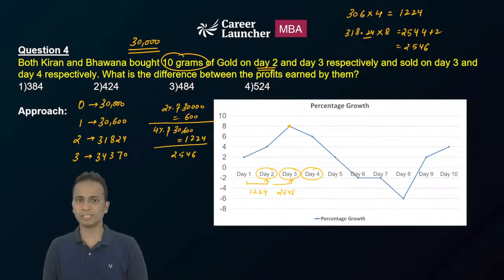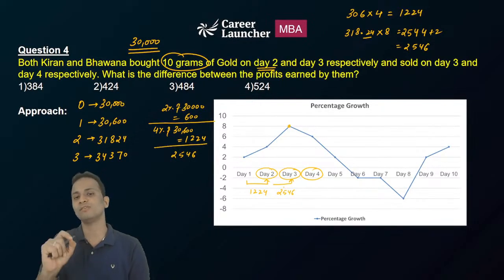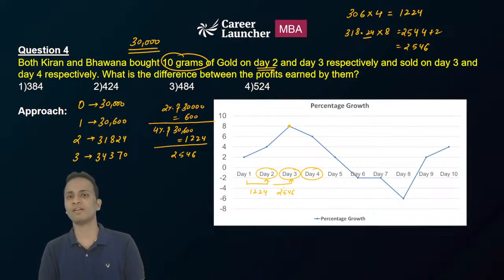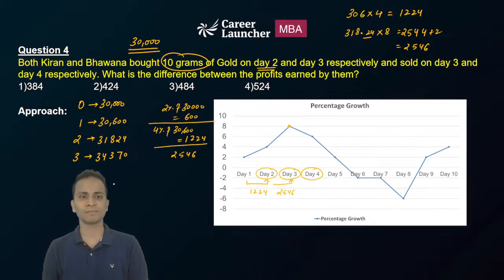Okay, right? So I can say that Kiran must have incurred a profit of 2,546, right? 2,546. Done. Now finally the price on day 4. So day 4 the price increased by 6%. Okay, 6% of what?